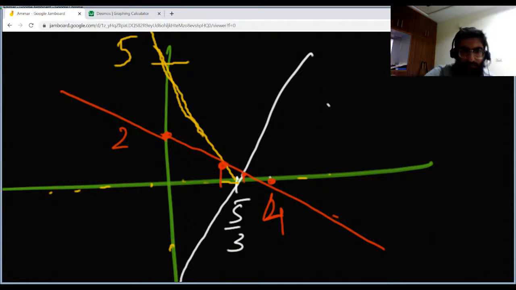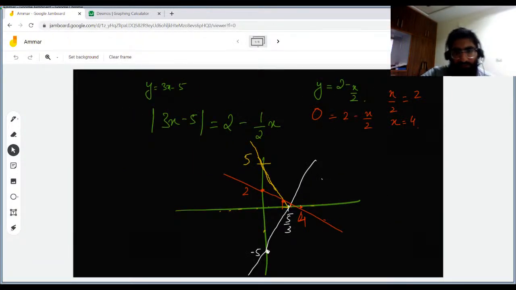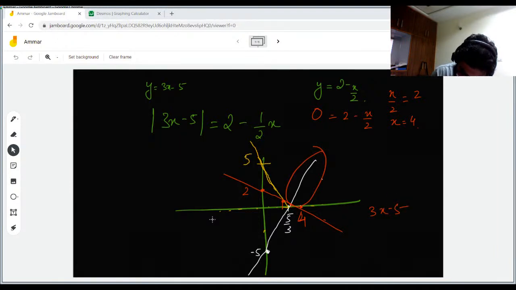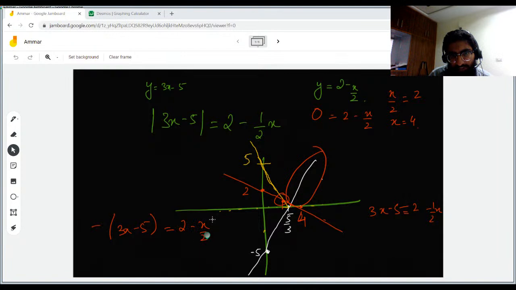Okay, so how do I find these 2 points? I find these 2 points by first assuming that 3x minus 5 is equal to 2 minus half x, and then to find this other point we assume that minus 3x minus 5 is equal to 2 minus half x. Agreed?